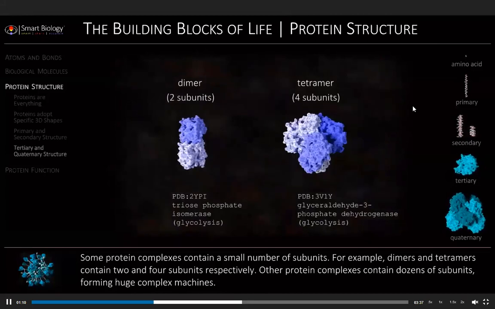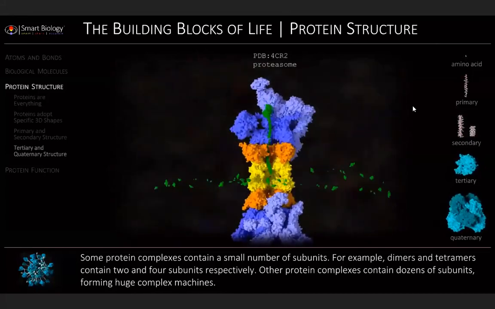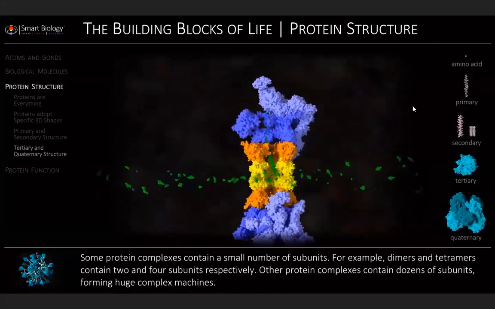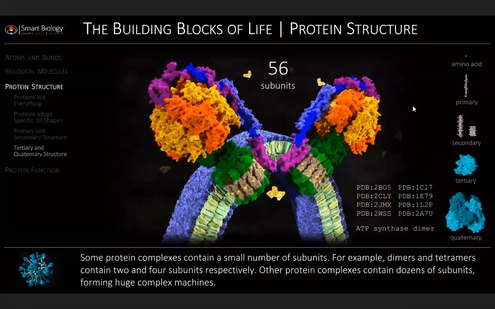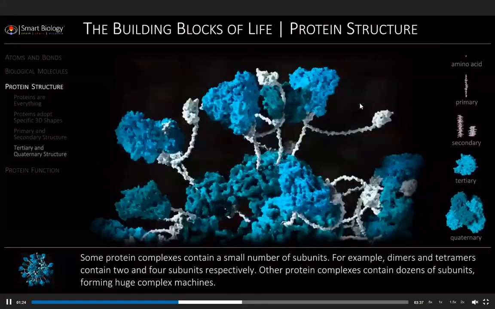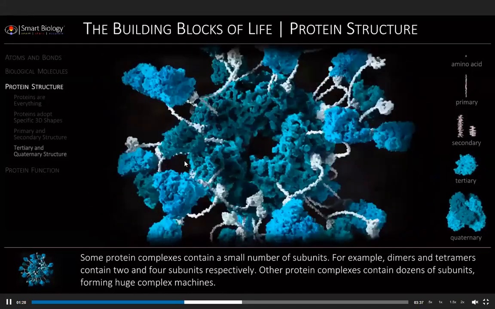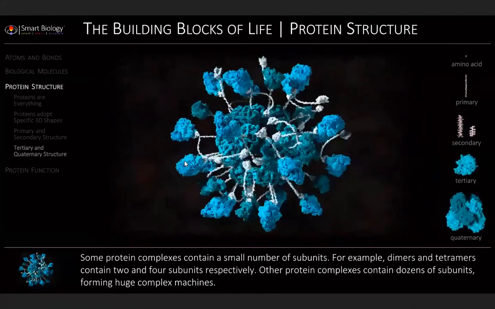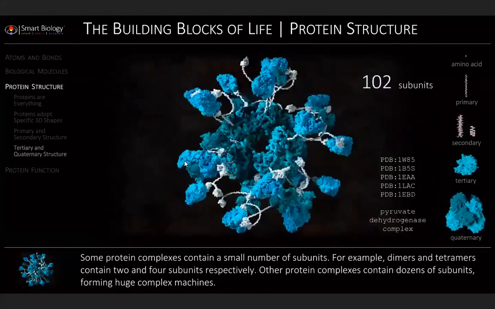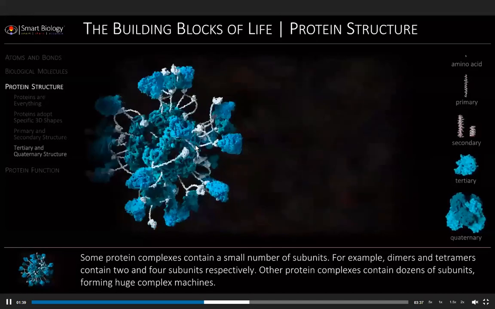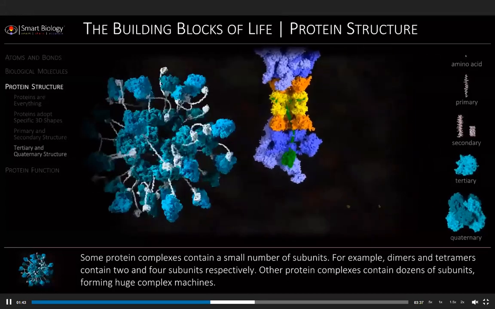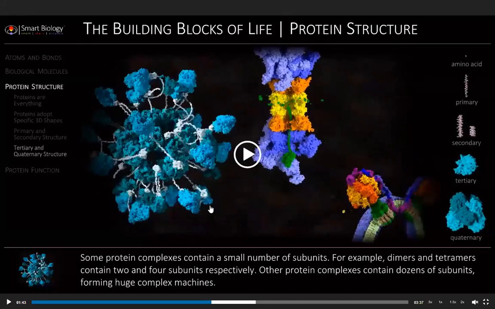Here we have 2 subunits, 4 subunits, and then the proteasome, which has 64 subunits, the ATP synthase, which has 56 subunits, and our favorite pyruvate dehydrogenase, which has 102 subunits. It's amazing, 102 peptides that fold and come together to form the pyruvate dehydrogenase. And the interesting thing is that the pyruvate dehydrogenase in bacteria looks very similar.